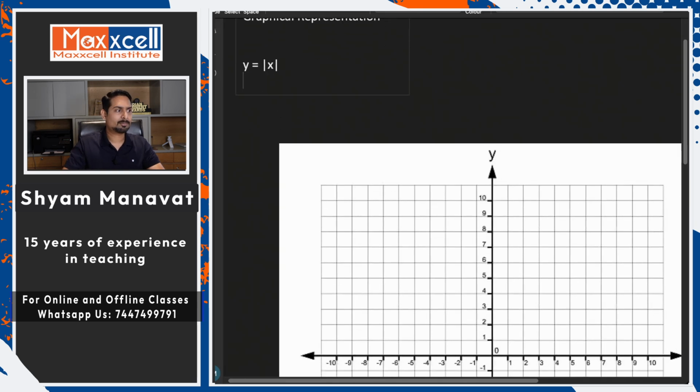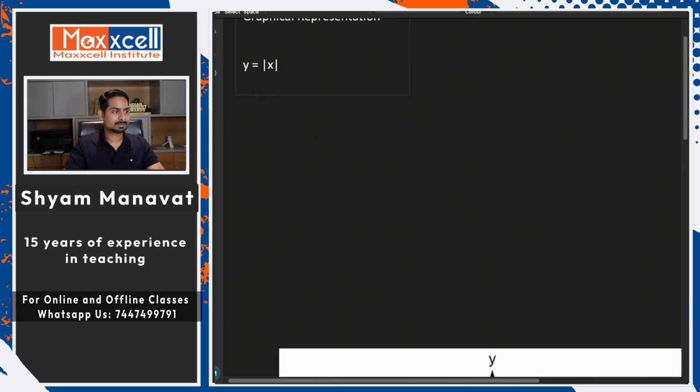And you know, when we have modulus sign, if we remove the modulus sign, then what happens? If we remove the modulus sign, then we take one positive and one negative. So if I remove the sign of modulus here, I get y equal to x if I take the positive one, and if I take the negative sign, then I have y equal to minus x, right?